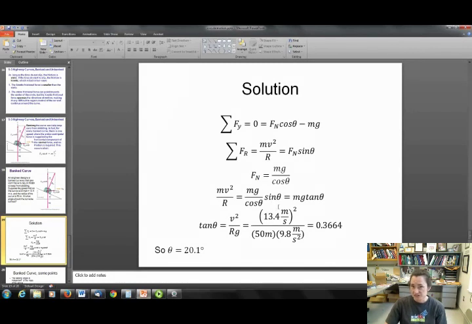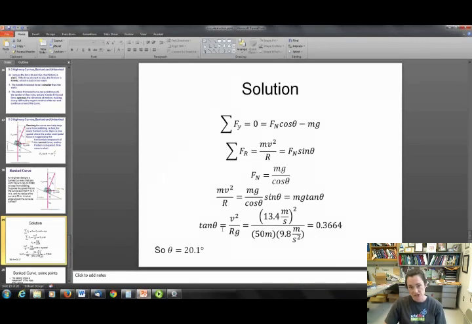Now, the definition of the tangent of theta is the sine divided by the cosine of theta. And so that's mg tangent of theta. Now, I can solve for theta here. So tangent of theta is going to equal v squared over rg because that mass cancels out because it's on both sides of the equation.